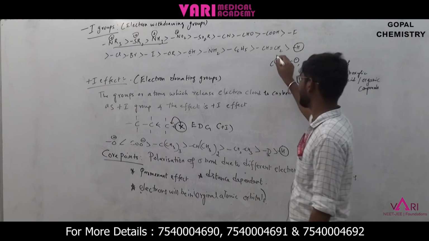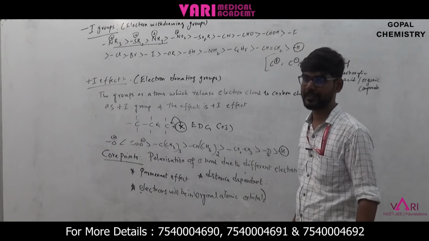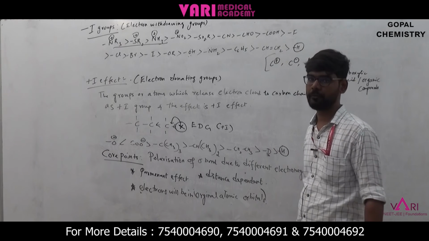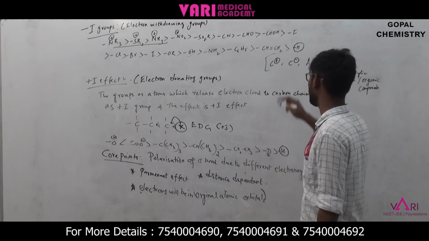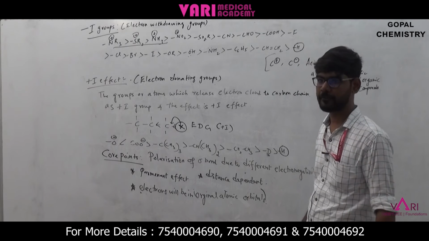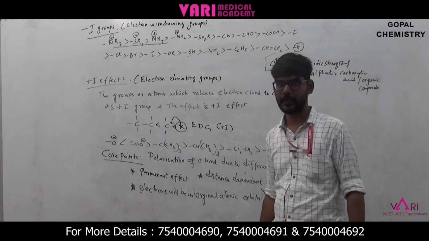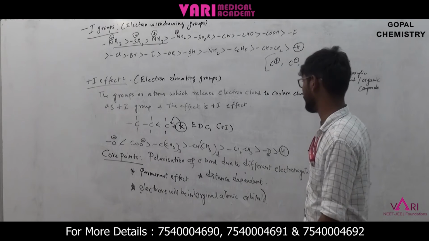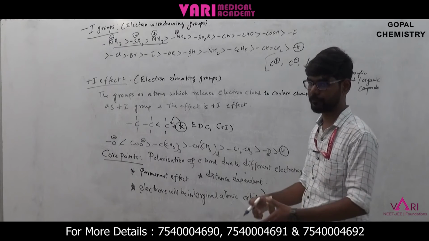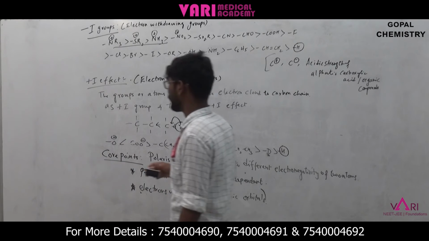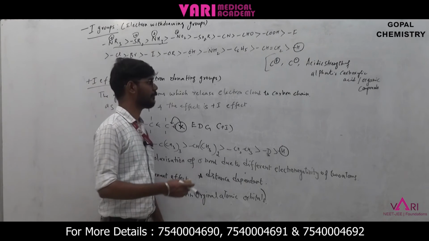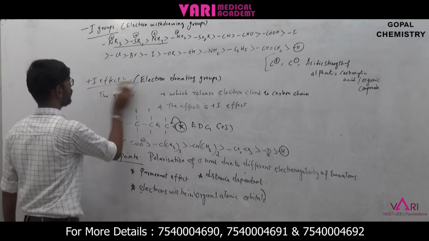So this inductive effect is very important to establish the stability of carbocation, stability of carbanion, and acidic strength of aliphatic compounds and carboxylic acids. Okay, so next, how we can establish the stability of carbocation, that we are going to see next.